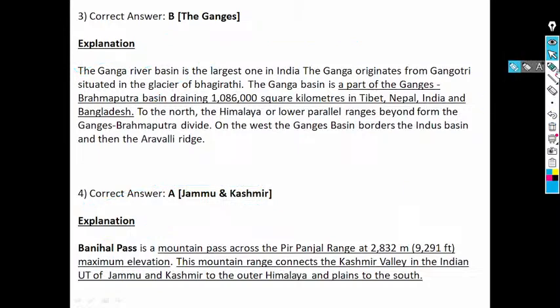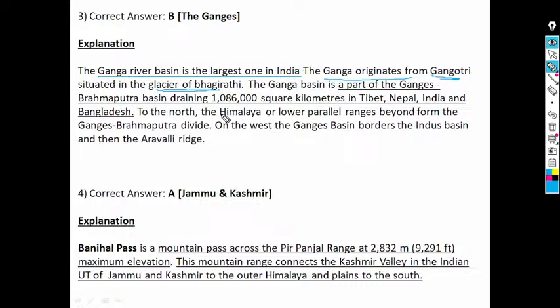The Ganga River Basin is the largest one in India. The Ganga originates from the Gangotri glacier, situated in the Bhagirathi.